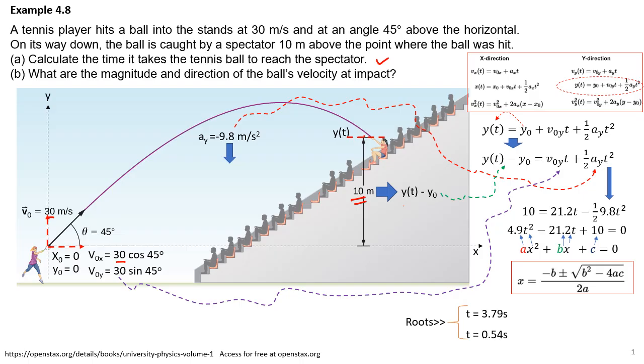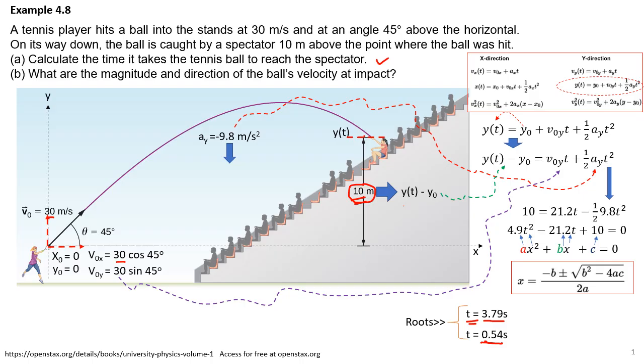So one is a small time duration, 0.454 seconds, and there's a longer duration, 3.79 seconds. The meaning of this is, we are calculating the time when the ball reaches 10 meters above the position, right?